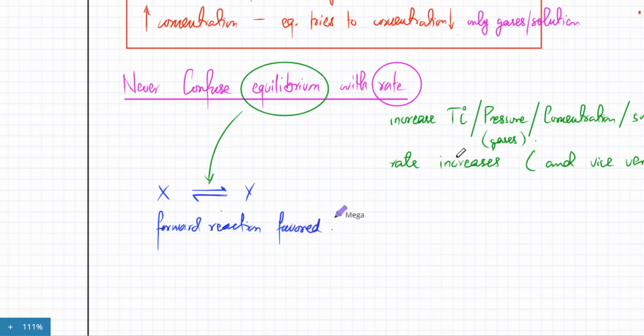Now that in no way is a statement about the rate of the reaction. It does not tell you about the speed of the reaction. What it only tells you is that whenever we say that the equilibrium position shifts to the right or the forward reaction is favored, what that means is that the forward is faster compared to the backward reaction.